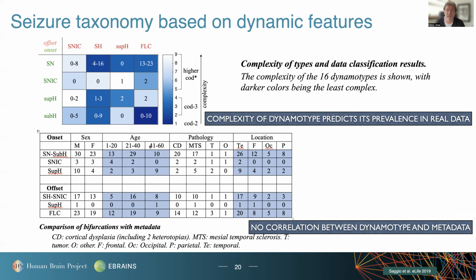So you can analyze them in terms of the complexity. How many parameters do you need to tweak in order to generate a particular class?